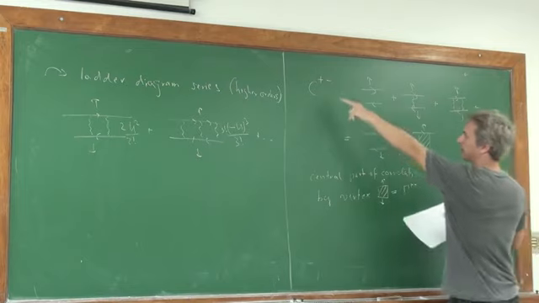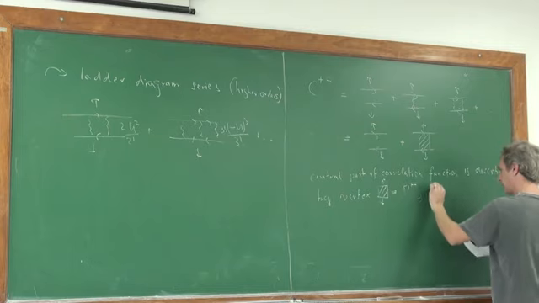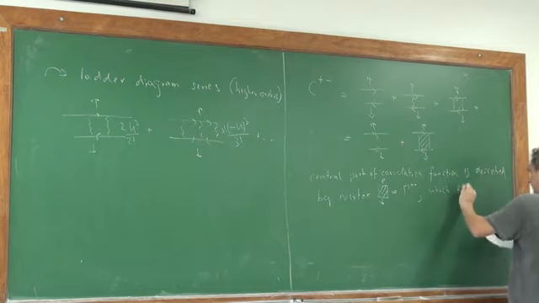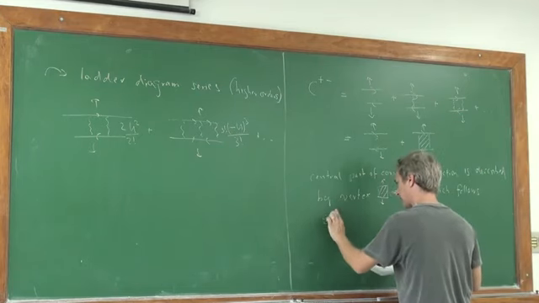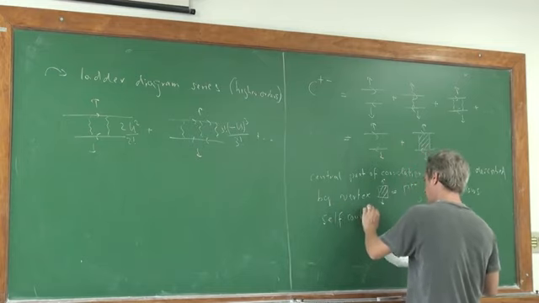Gamma plus minus, corresponding to the C plus minus, which then can be seen to follow the self-consistent equation.